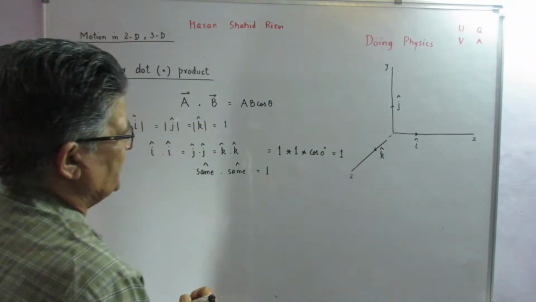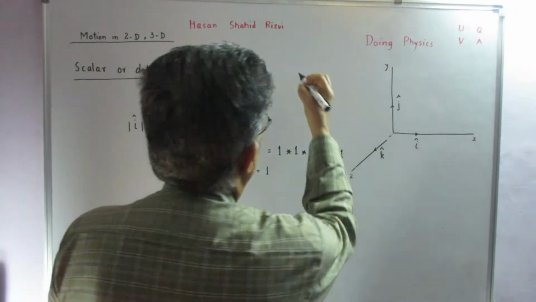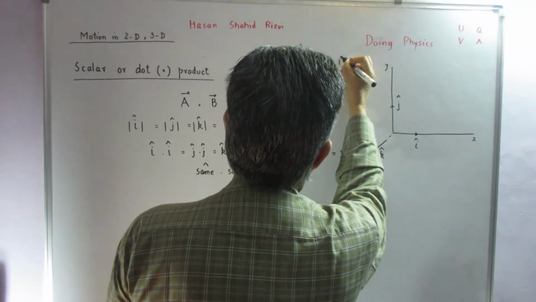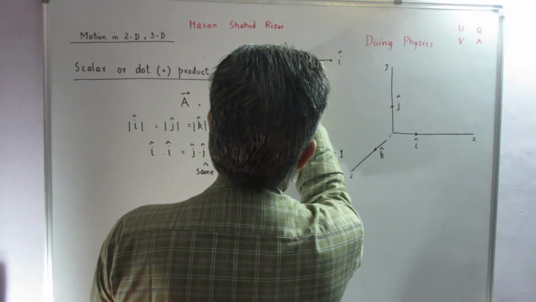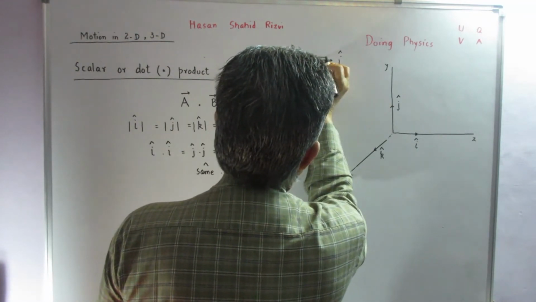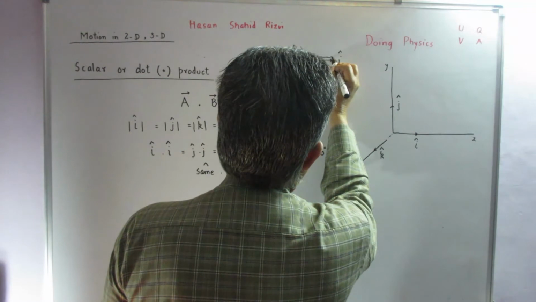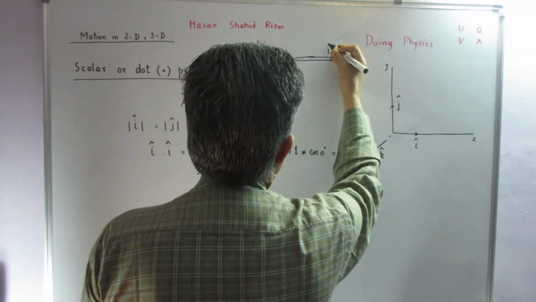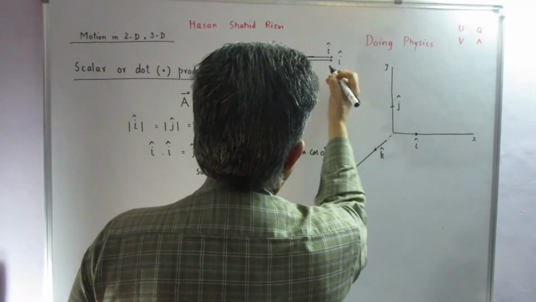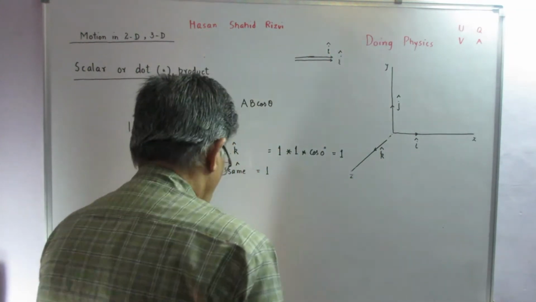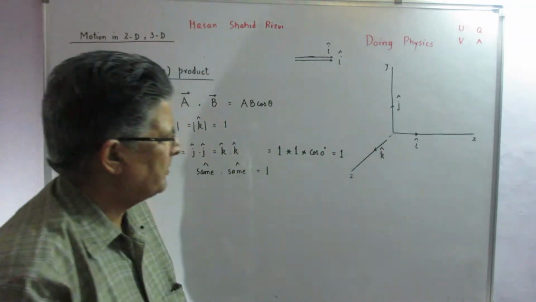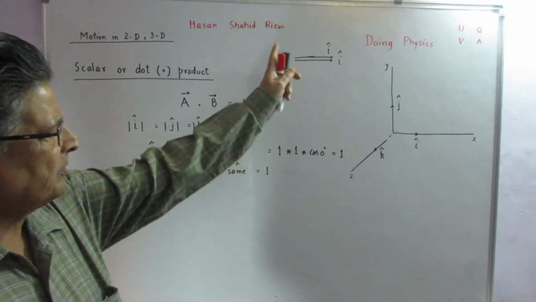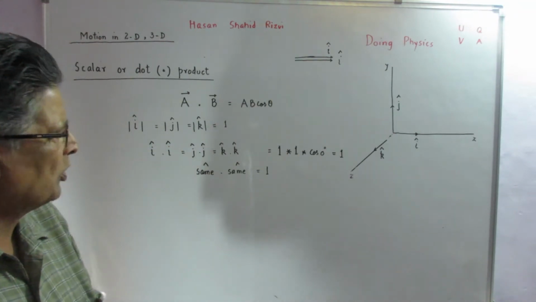Of course, in all these cases, the i cap and another i cap, the angle between the two of them is 0. Similarly, j cap and j cap, k cap and k cap, all of them have the same magnitude. The angle between the two of them is equal to 0.